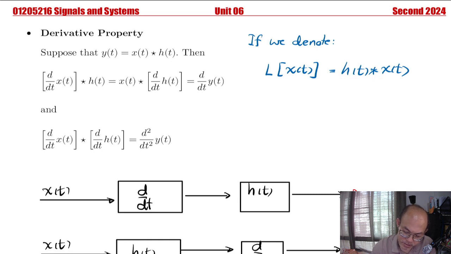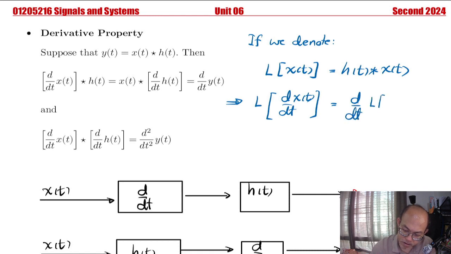So this property means that if we differentiate the input with respect to time and put it into L, the result would be the same as taking the first derivative with respect to time of L of x.